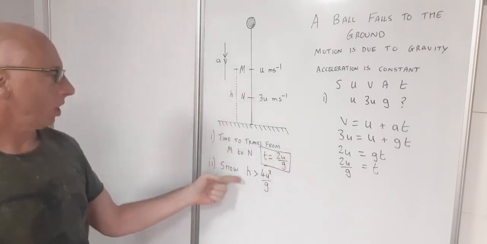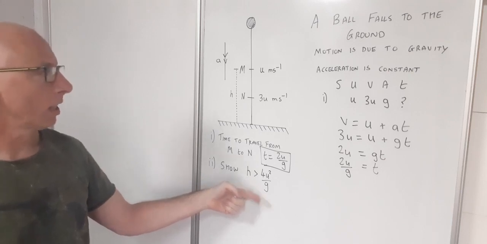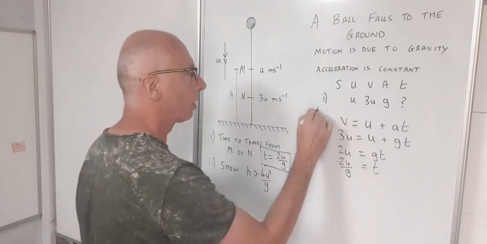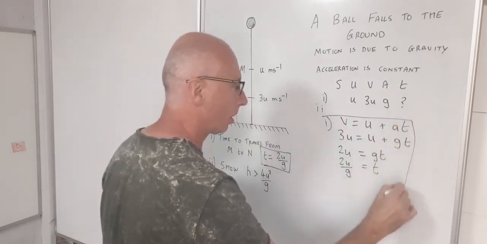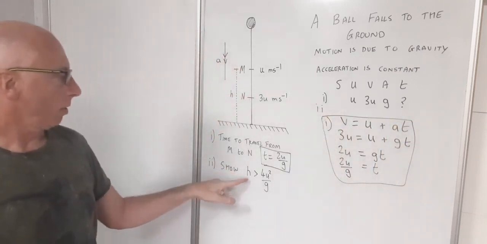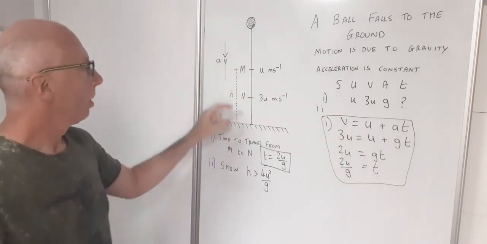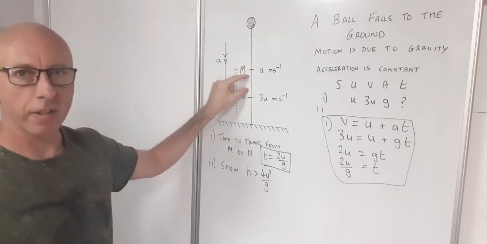So that's good, that's the first part taken care of. Now we need to show h is greater than 4u squared over g. For this part, let's go again with the SUVAT equations. That's my calculations for part 1, and I can leave that in a box on its own. Part 2: show the height h is greater than 4u squared over g. Well, we know this information, and we know h is greater than that.